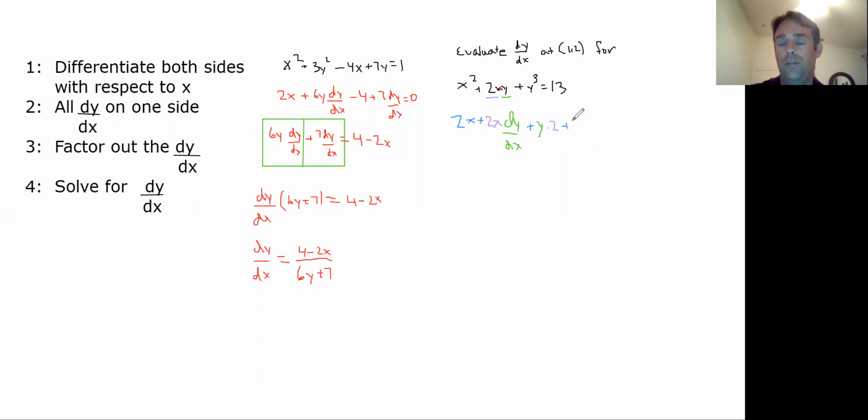So y cubed then is 3y squared dy/dx. And the derivative of 13 is 0. All right, got to kick out some terms now. So let's see, I'll leave my dy/dx's on this side. So I have 2x dy/dx.